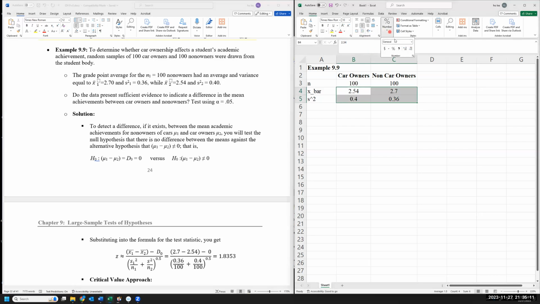Now, one thing to note here is that I'm going to use the non-car owners as population 1 and the car owners as population 2.